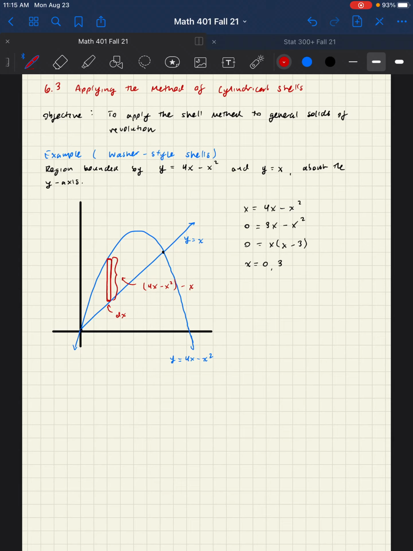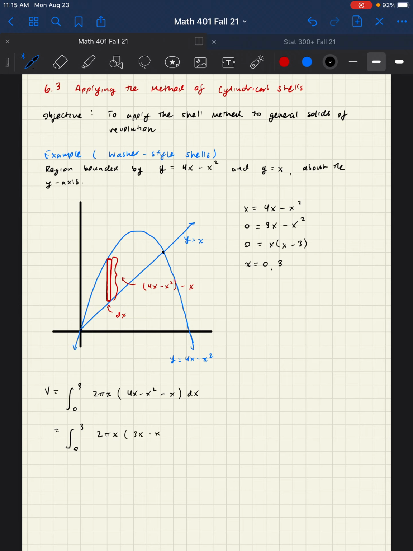And lastly, the radius slash the rotation factor gives us a 2 pi x, and that's every time. All right, then the volume is going to be the integral from 0 to 3 of 2 pi x times 4x minus x squared minus x dx.